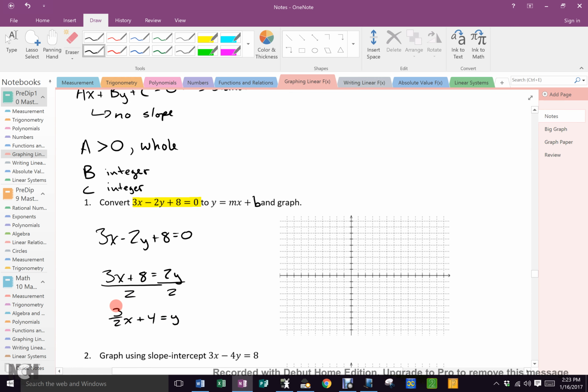Now, can I graph that without even thinking about it? Graphing that takes 2 seconds, doesn't it? Where do I start? 4. 1, 2, 3, 4. And what's my slope? Up, 1, 2, 3, over 1, 2, graphed, done.